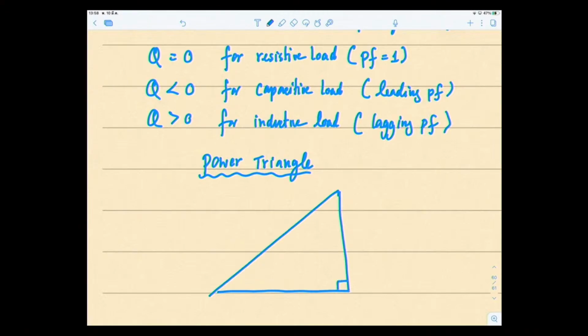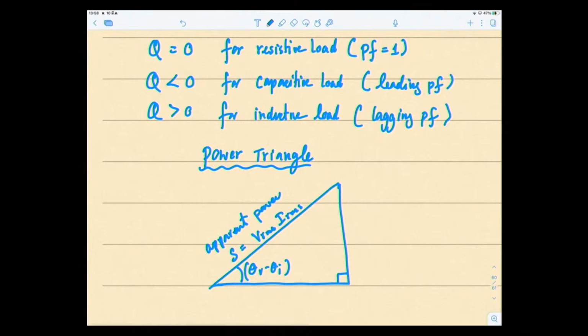You have one corner as the power factor angle, theta V minus theta I, and just remember that the hypotenuse is the apparent power, S equal to VRMS IRMS.